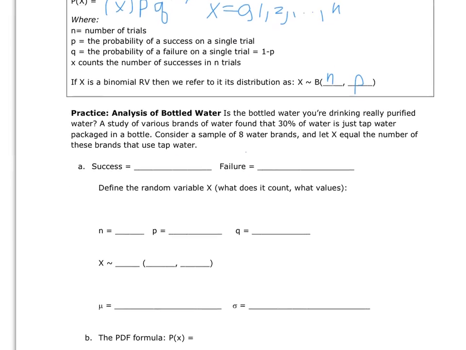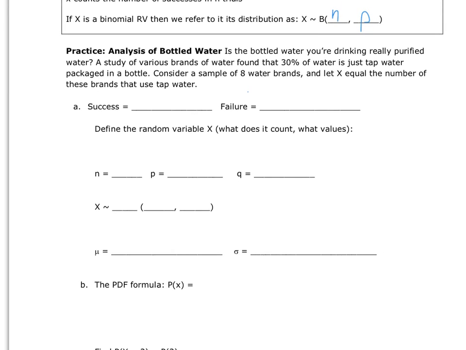Let's find some probabilities of another binomial random variable. Is the bottled water you're drinking really purified water? A study of various brands of water found that 30% of water is just tap water packaged in a bottle. Consider a sample of 8 water brands, and let X equal the number of these brands that use tap water. The success is tap water. That's what X is counting. So the failure is not tap water.